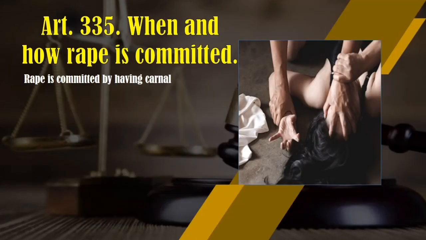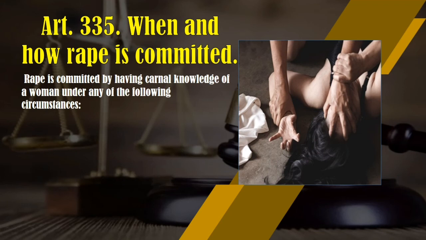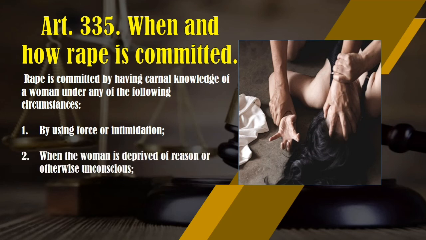Now, class, Article 335 provides the when and the how rape is committed. So, rape is committed by having carnal knowledge of a woman under any of the following circumstances. First, by using force or intimidation. Second, when the woman is deprived of reason or otherwise unconscious.